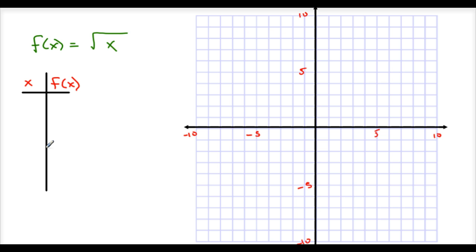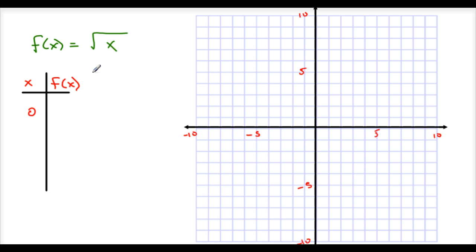So another way of rephrasing my question is, what is the domain of this function? It's going to be greater than or equal to 0. Yeah, so my smallest value here is 0. I can't plug in a value smaller than 0, because if I plug in a negative number, can I take the square root of a negative number and get a real number? No, I can get an imaginary number, but I want all real numbers.